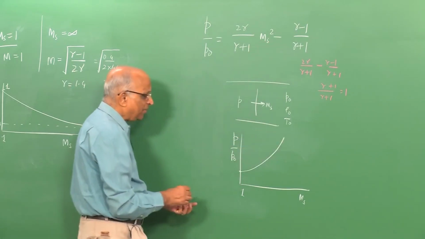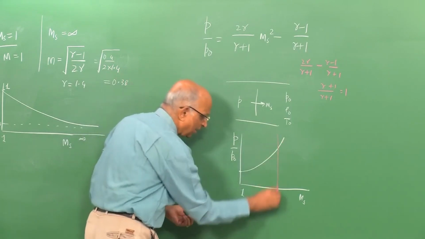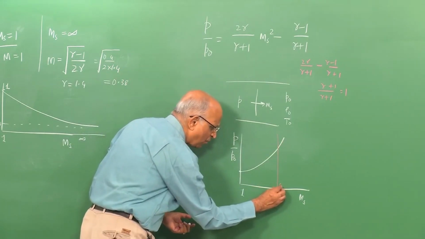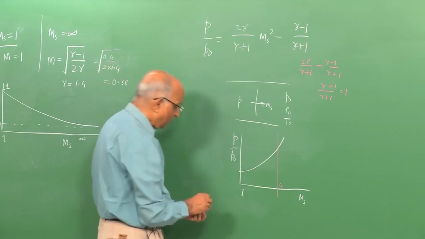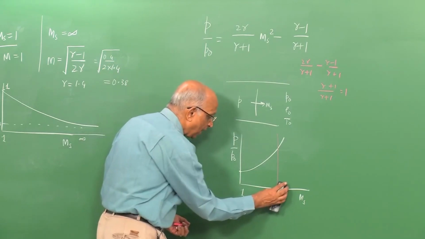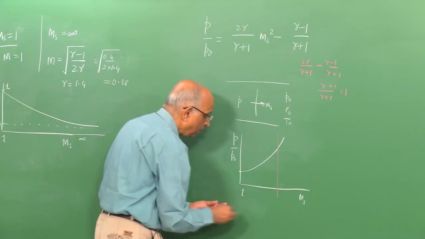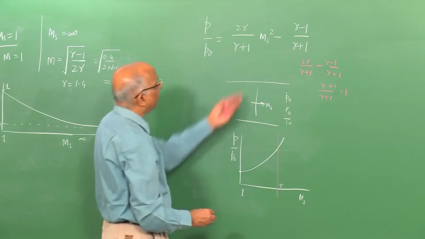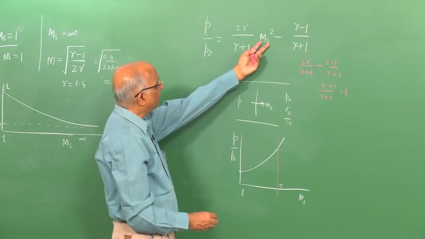In fact, if I am interested in a particular pressure ratio, let us say a value of Ms equal to 4 or 5, well, I take the value of 5 as an example. Ms is equal to 5, that means the shock Mach number is 5. This becomes 25, 5 5s are 25.